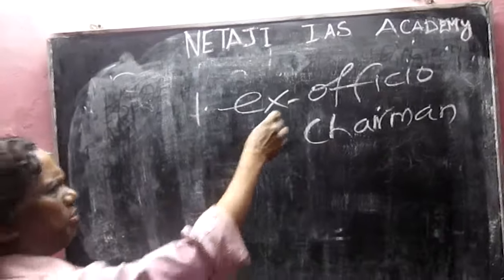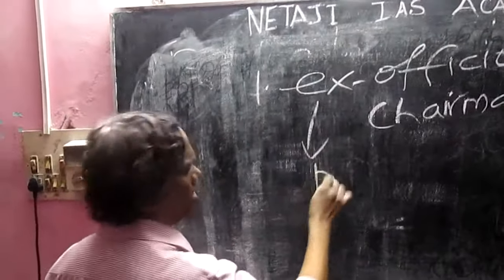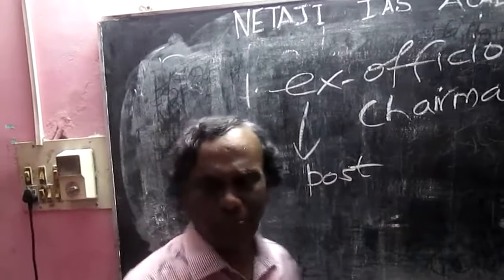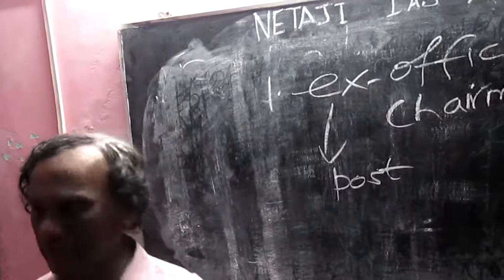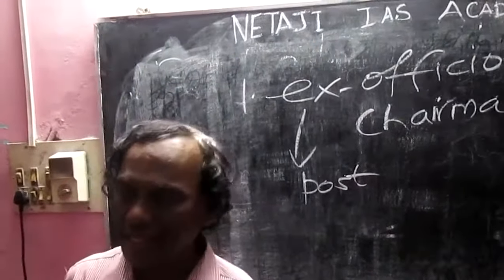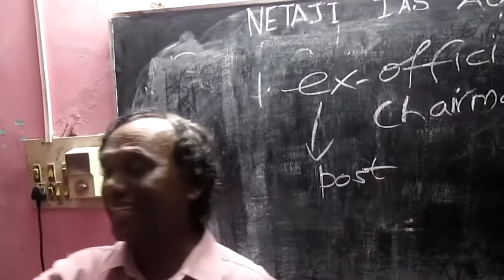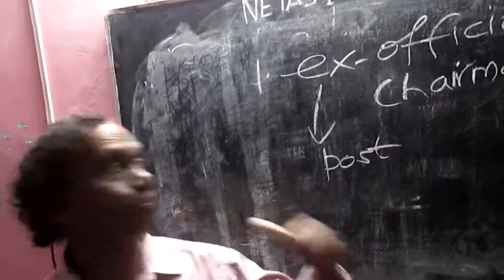Ex officio means because of one post, a person gets another post also. Whoever becomes vice president, whether Ramu or Sita, he will become automatically chairman of Rajya Sabha.